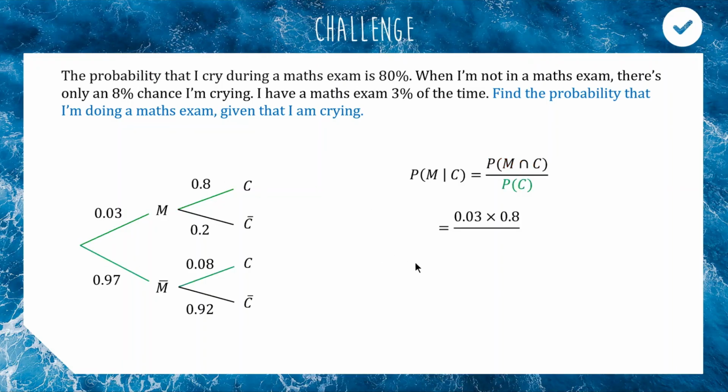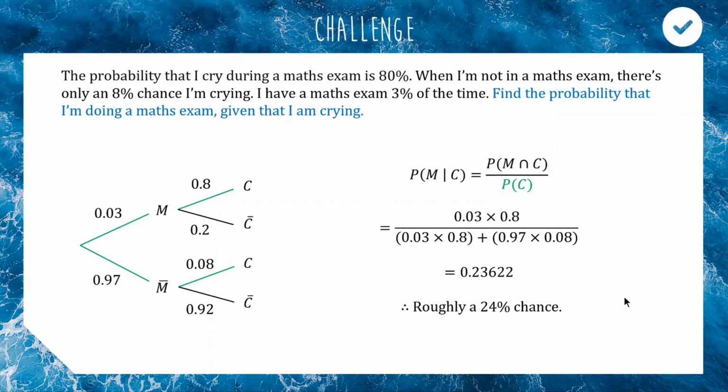So we're going to have 0.03 times 0.8 again, plus 0.97 multiplied by 0.08, because it could be this branch or it could be this branch. All right, there's our calculation using our formula. We get a final answer of about 23.622% chance. So there you go. If I'm crying, there's about a quarter chance that I'm doing a maths exam, based on the data in the question.